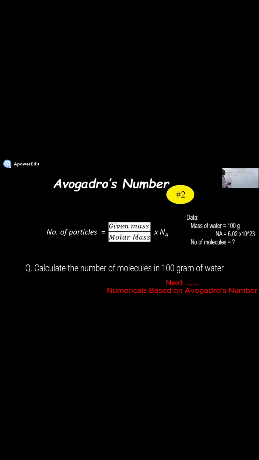Remember, whenever it is asked to find number, like number of molecules, like number of atoms, then one thing is given. What is that thing? Avogadro number. So the value of Avogadro number, all of us know, is 6.02 into 10 to the power 23. Okay?